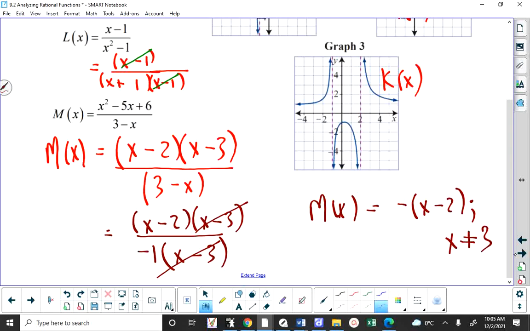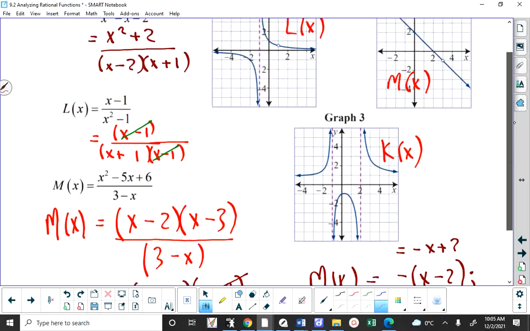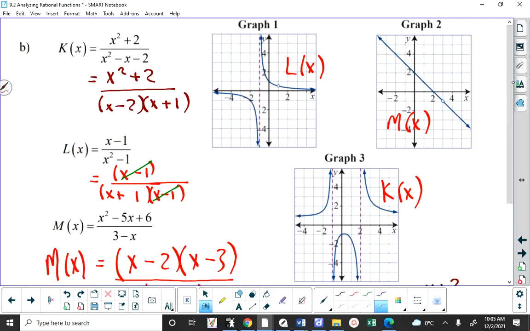Because even though we canceled that 3 minus x, x not equal to 3 is a non-permissible value that follows all of the work. So this is negative x plus 2, which is a line with a y-intercept of 2 and a slope of -1. And you look at graph 2, the y-intercept is 2, the slope is -1, but at x equals hopefully 3, there's a hole.